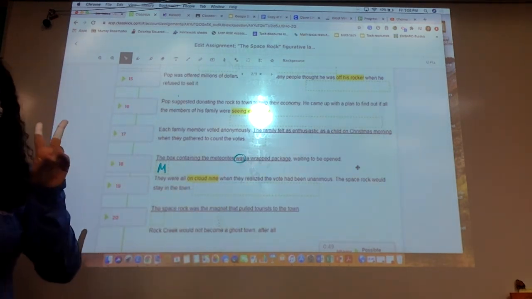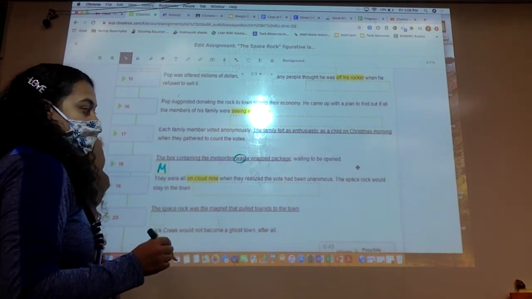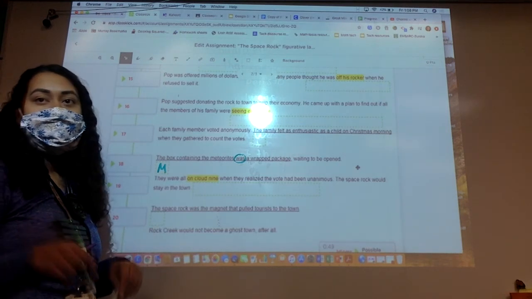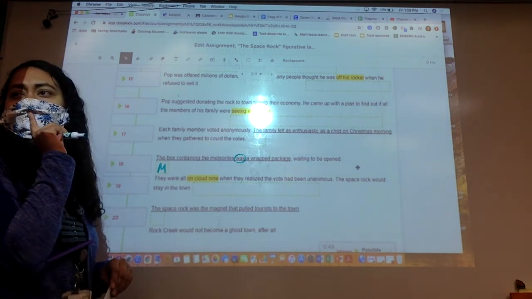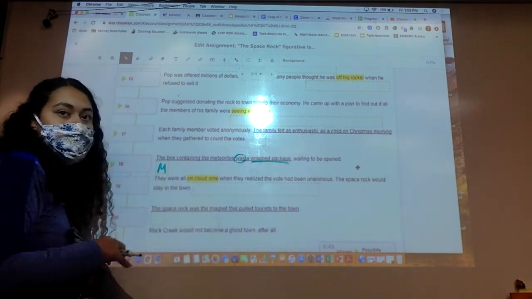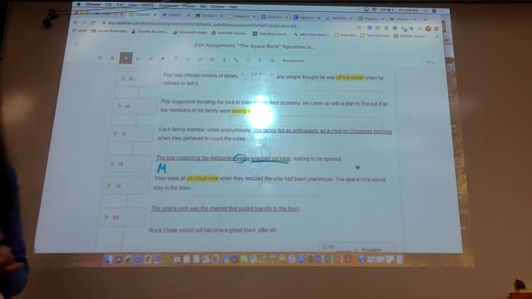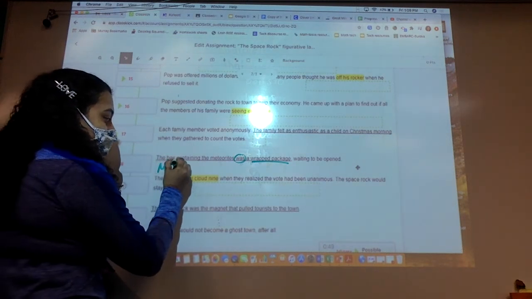Okay, so what two things are being compared? Was a wrapped package, so that's one thing. And the box containing the meteorites.